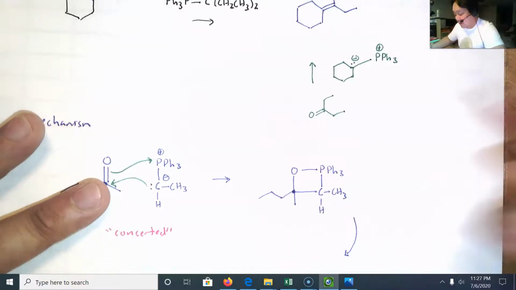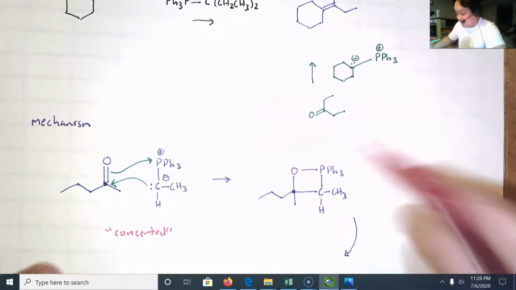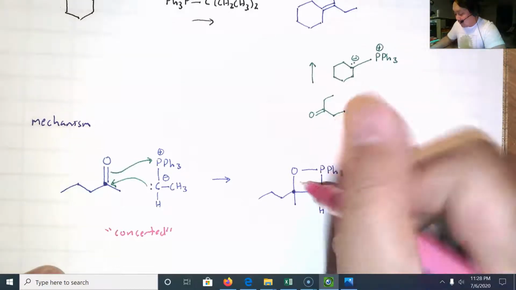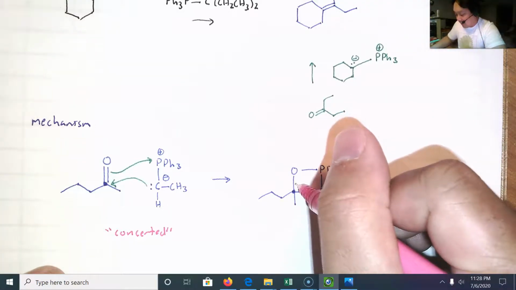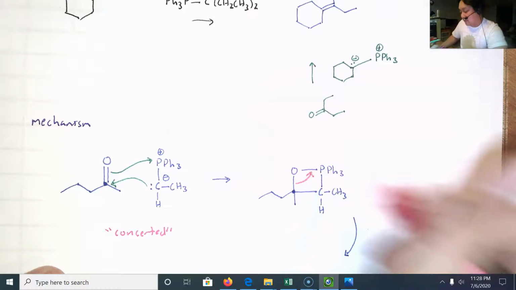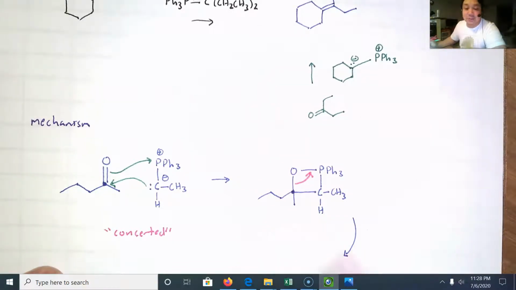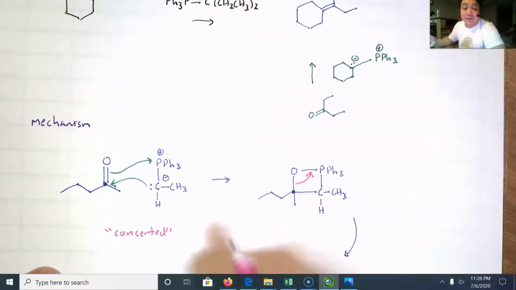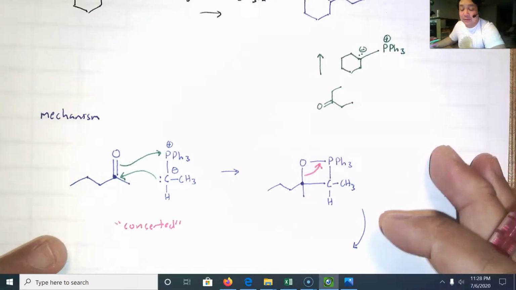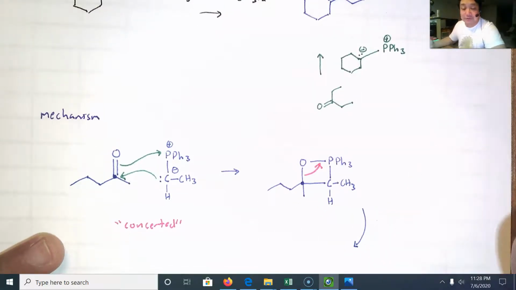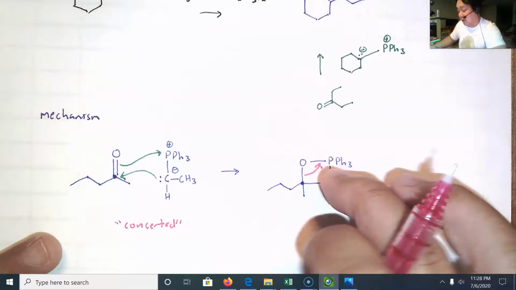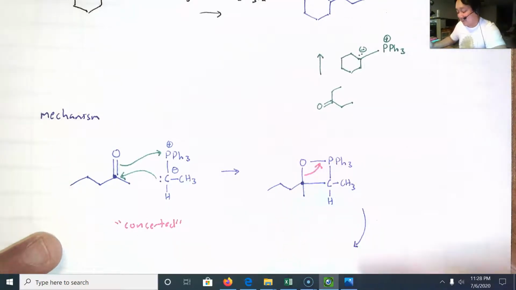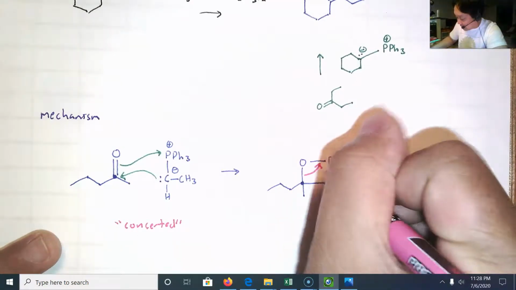But to make that double bond, I would think of it this way. You're going to weaken this bond and make the double bond here to make an oxygen-phosphorus double bond. That actually is a very strong bond, and that's what's called the main driving force of this reaction, to make that strong oxygen-phosphorus double bond. And then this collapse right there.